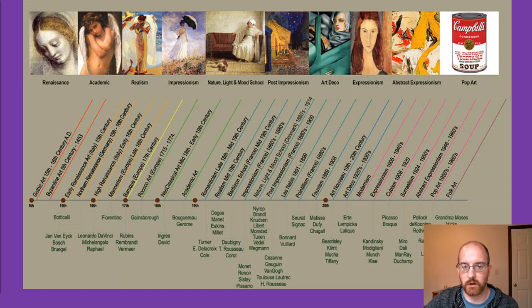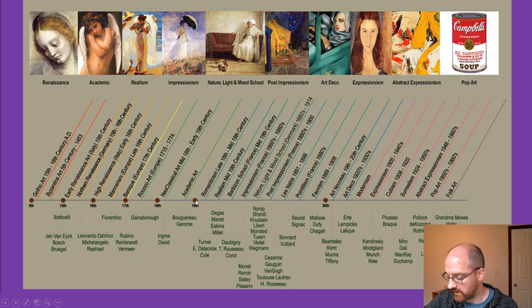I'm not saying that this one painting caused all this, but if you look at this timeline, you're going to notice the number of lines are art styles, and the number of dots are centuries. You're seeing a lot of dots clumped together, and maybe one or two art styles per century.